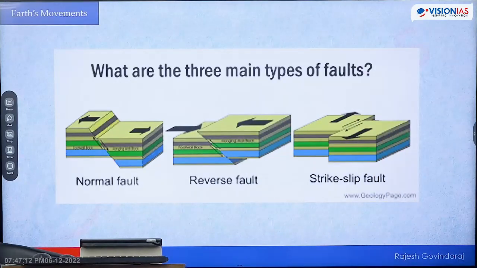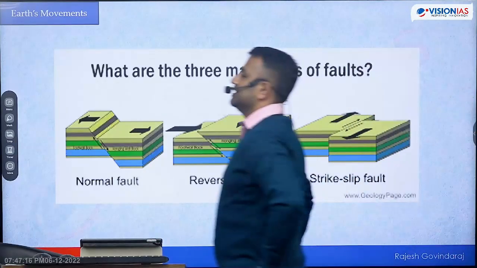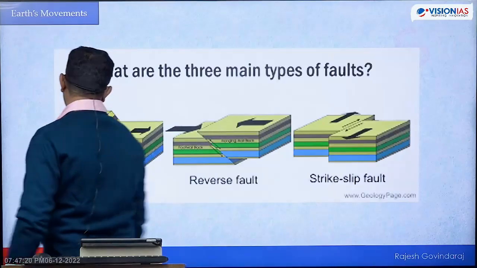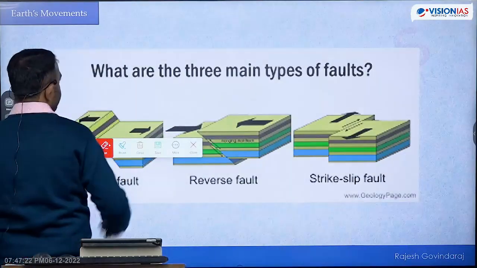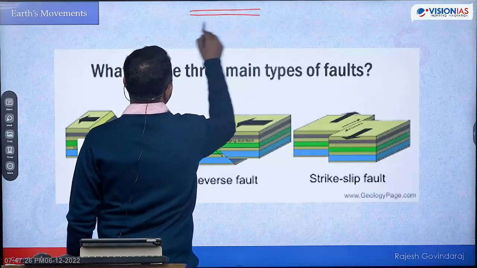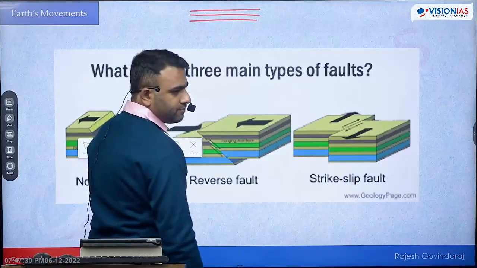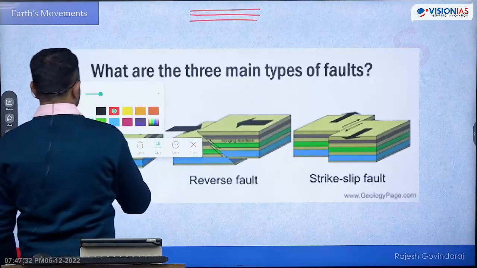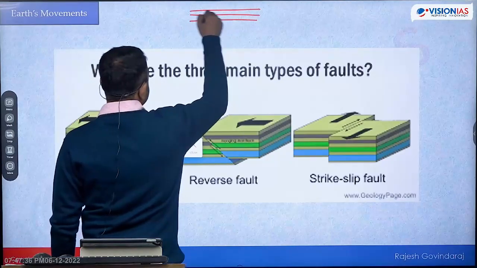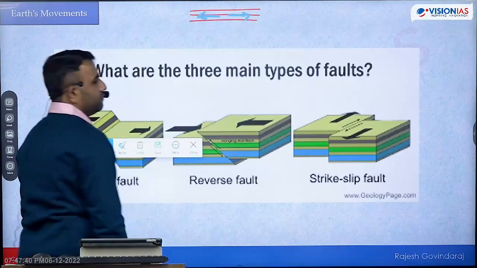So what causes faulting? The cracking of the surface layers causes faulting. So this was the original layer of rocks. Let's say these original layers of rocks were subjected to tensional force.